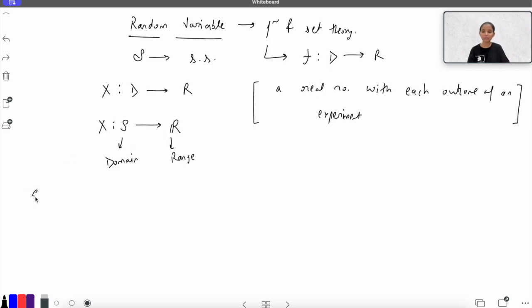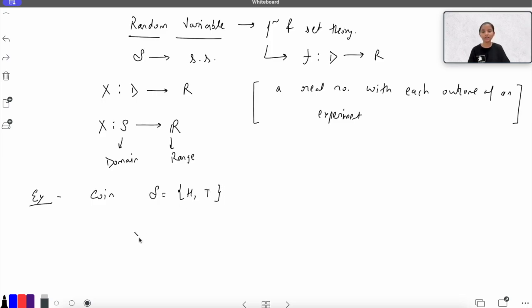Now let's take an example, the easiest example that you have heard even thousands of times: tossing a coin. When you are tossing a coin, what is your sample space? We will have head and tail.